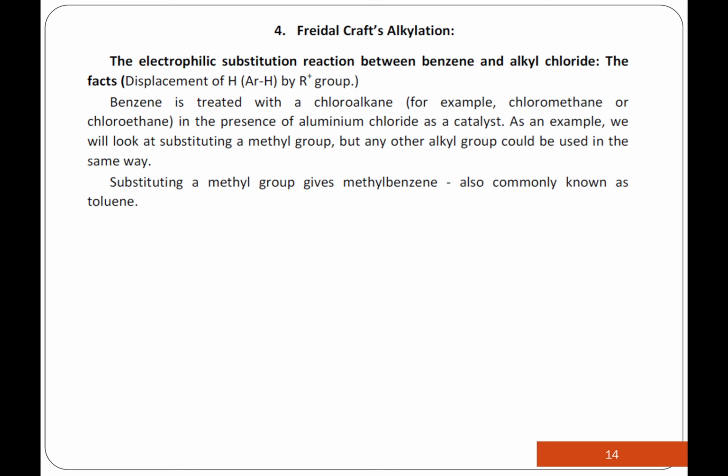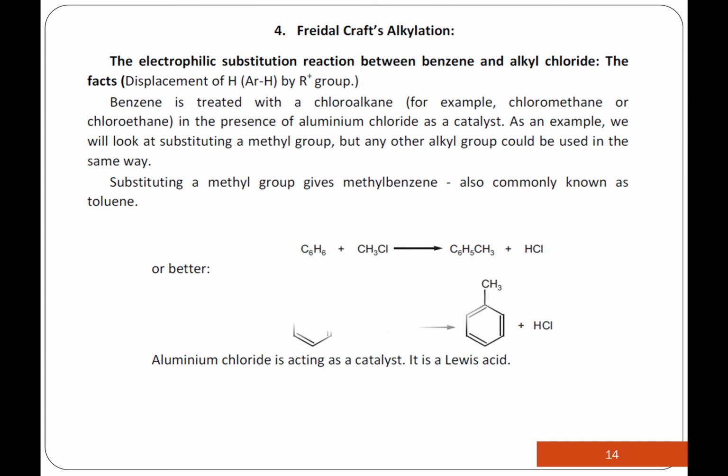Aluminum chloride will abstract the chloro or bromo to generate the electrophilic alkyl group, positively charged, and therefore this will get attached to the benzene, and then the AlCl4 will abstract the proton.